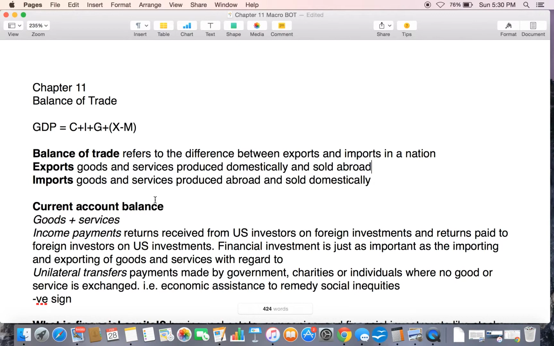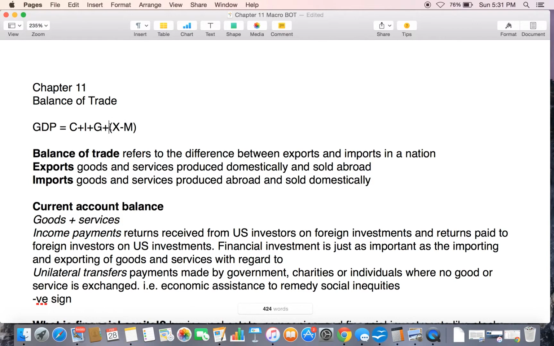And those goods and services that are imported are actually produced abroad and then sold domestically. So any difference between exporting and importing would represent a balance of trade. If we're exporting more than we're importing, that would be a positive balance of trade. If we're importing more than we're exporting, we would have a negative balance of trade.